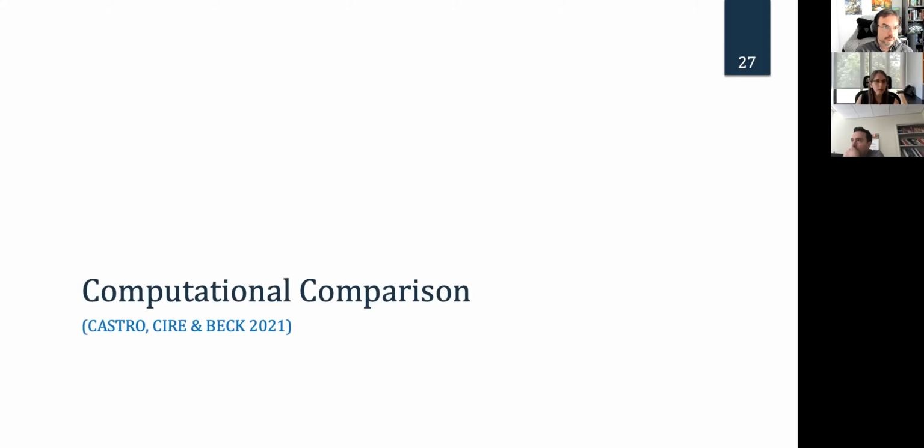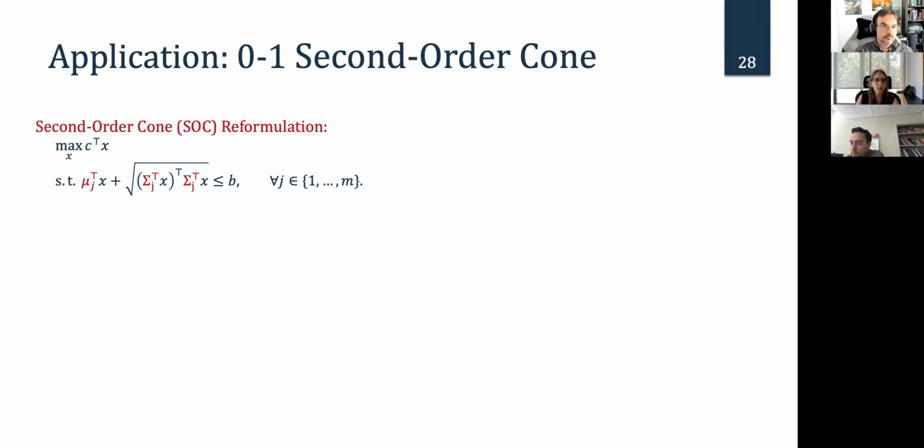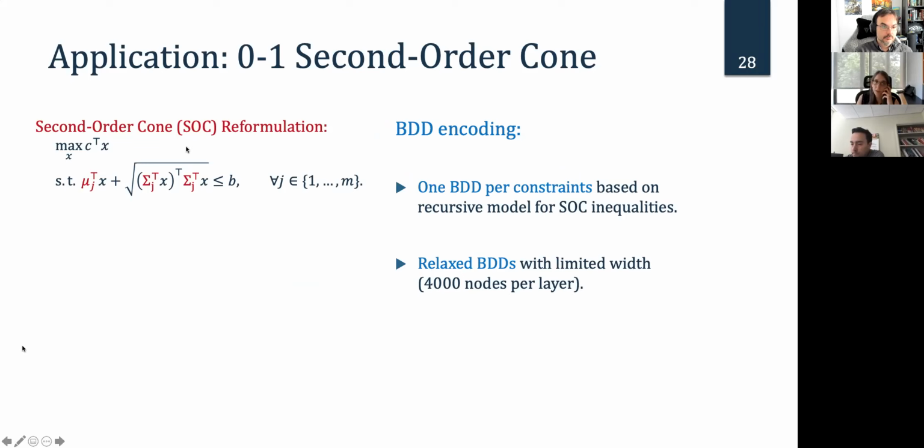In terms of the results, as I said, we tested on the second order cone cut. I don't have the results here, but in our paper we also compared to the problem called the second order knapsack cone. There were a lot of cuts in the literature for this type of problem, very similar to the knapsack type of inequalities: cover cuts, extended cover cuts, and so on.